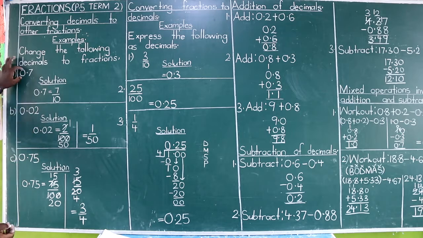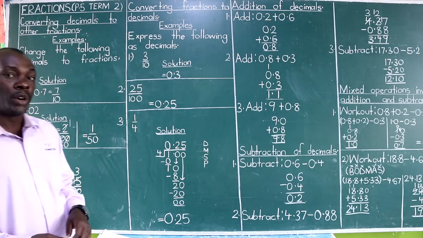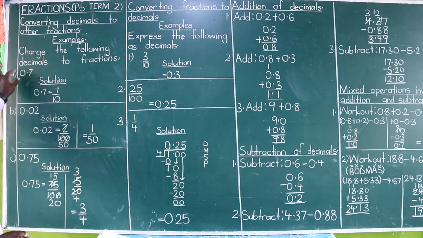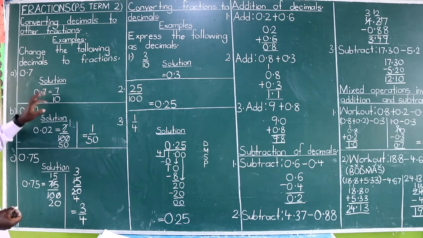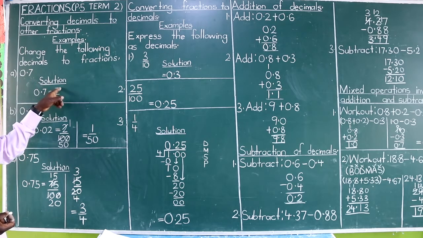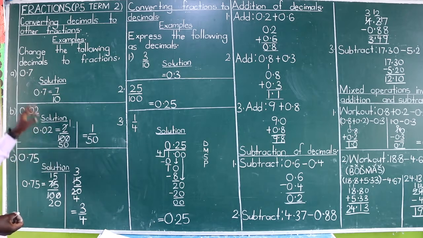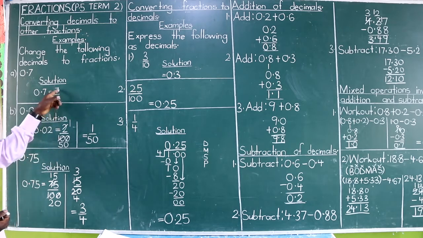So, when we're learning how to read these decimals, or write them in words, we said 0.7 is read as 7/10. Because of that, 0.7 is written as 7 out of 10, because both are read the same way. When you are asked to write 0.7 in words, you say 7/10.